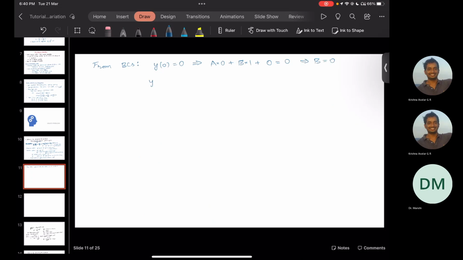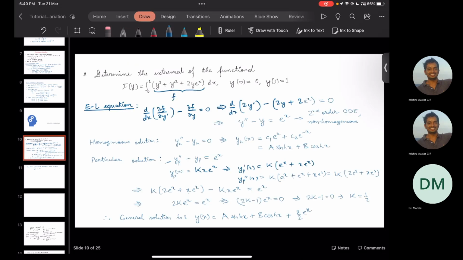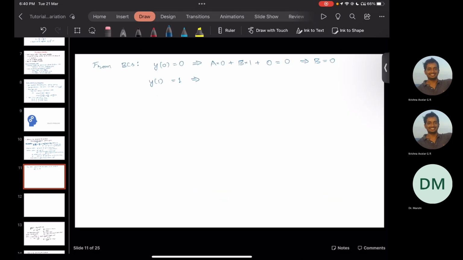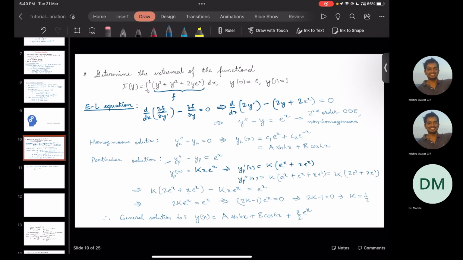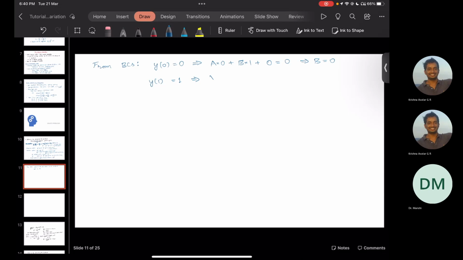Right? Now for the other boundary condition, y at 1 is equal to 1. So what we do with this is a sine hyperbolic 1 plus e to the power 1 by 2, right? So a sine hyperbolic 1 plus e by 2 is equal to 1.